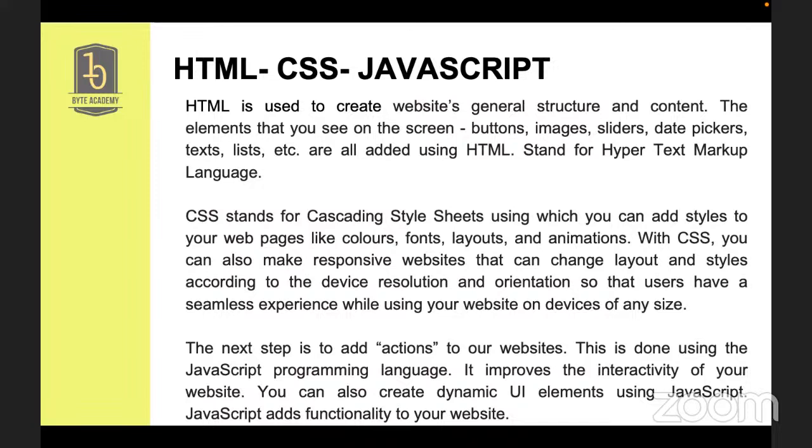You don't know what kind of devices the users of your website are using. Most of them will be using a laptop, but if somebody is using devices with different screen sizes, your site should not look weird. You can manage that by writing CSS code, apart from the styling. Okay, so the next step is to add actions to our website.